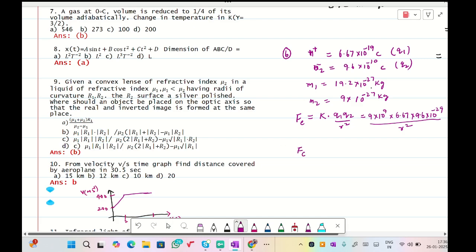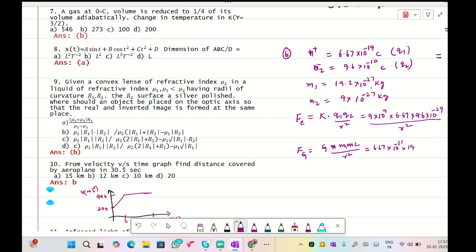Therefore, gravitational force FG is equal to G into M1 M2 by r square. That equals G value 6.67, 1 going to be cancelled, into 10 power minus 11 into M1 M2.